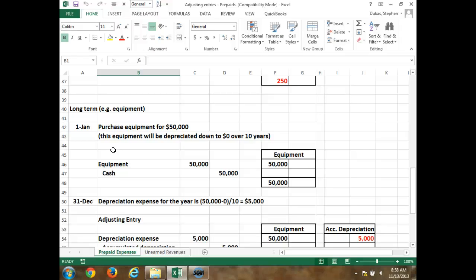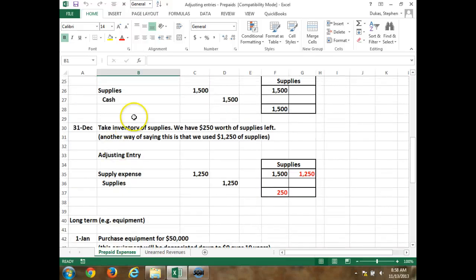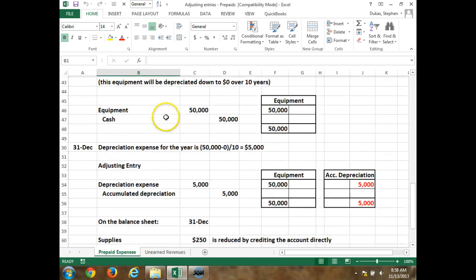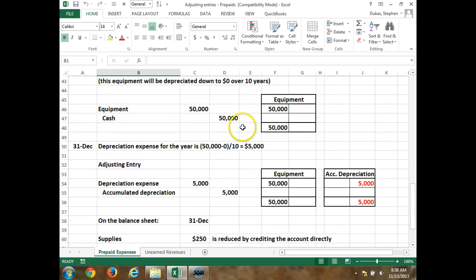When we purchase the equipment, it's a debit to equipment and credit to cash, very similar to what we did before with supplies. The equipment account has a $50,000 balance. At the end of the year, we depreciate the equipment 1/10 of $50,000. That's $5,000.